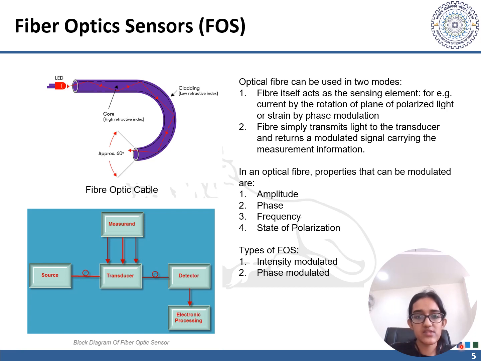The sensing fiber is exposed to a changing environment, and that change in the environment causes a phase shift to occur. So now there's a phase difference between the light in the sensing fiber and the light in the reference fiber, and this phase shift is detected by an instrument. There are various other ways of classifying fiber optic sensors, but we will not be going into that right now.